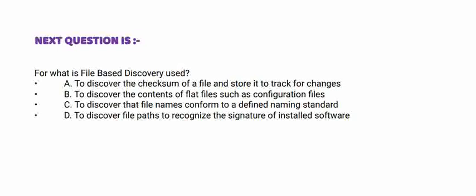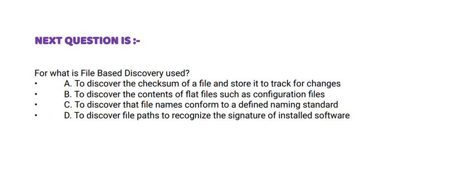Next question is, for what is file-based discovery used? Options are option A, to discover the checksum of a file and store it to track for changes. Option B, to discover the contents of flat files such as configuration files.